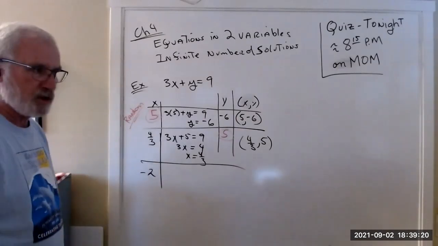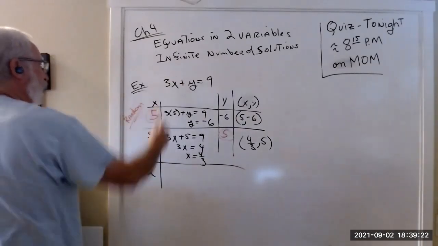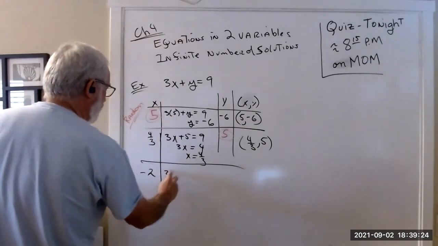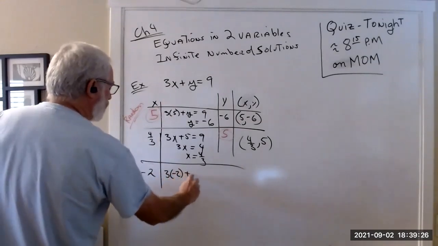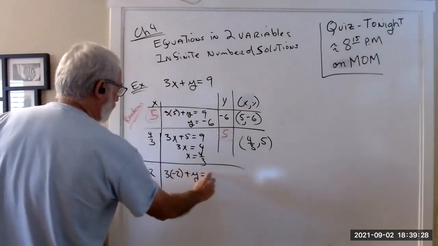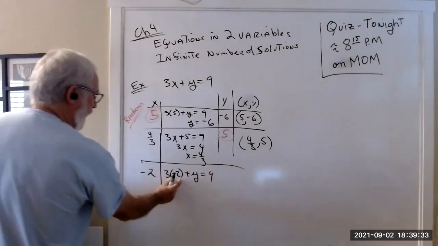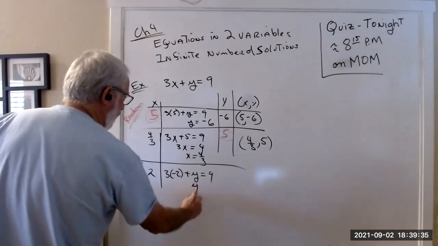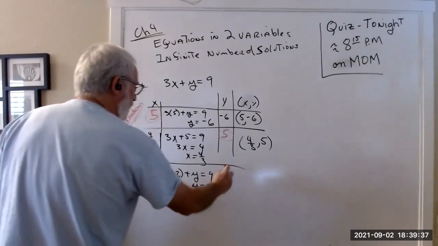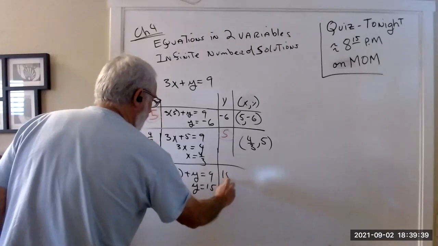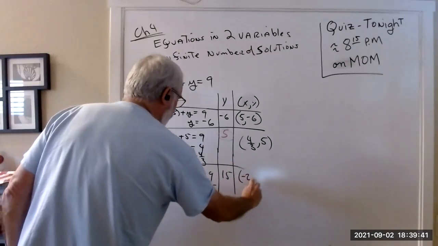So just force it on you. Well, if x is -2, we have 3 times -2 plus y equals 9. That's -6. So you add 6 to both sides, you get y is 15. So we get -2, comma 15.